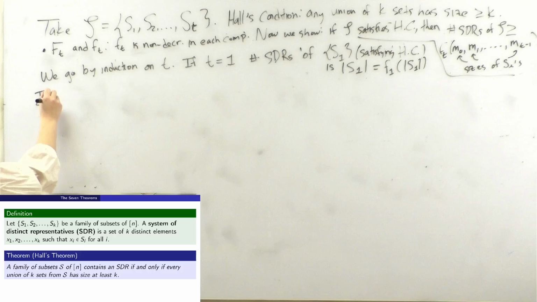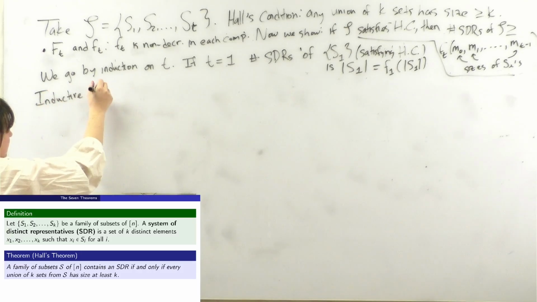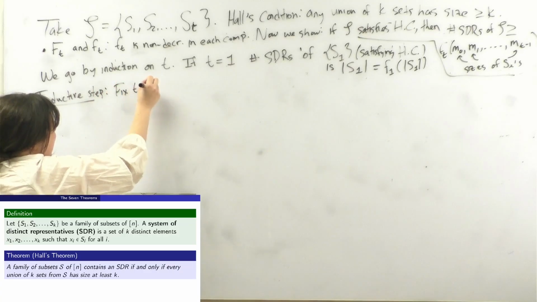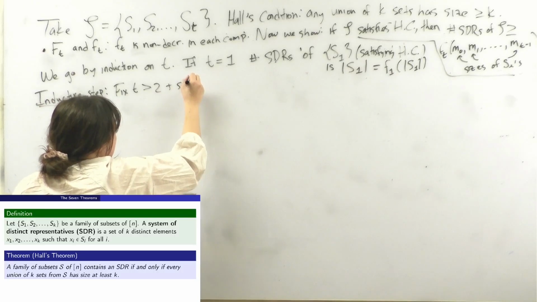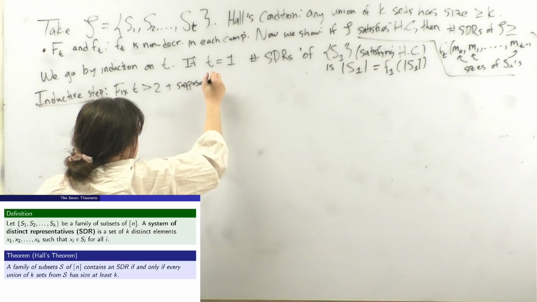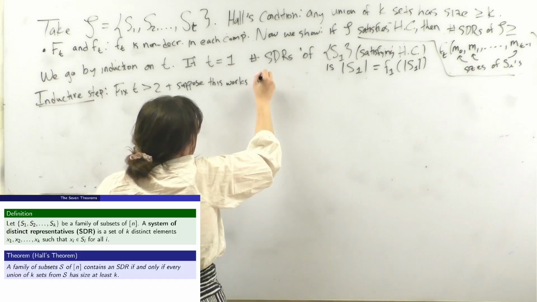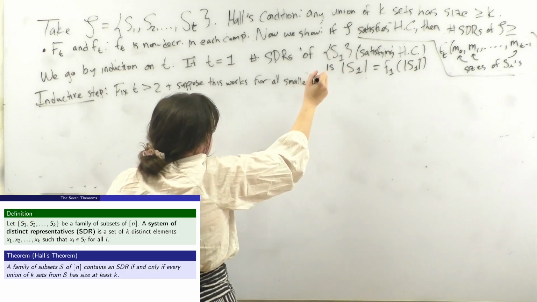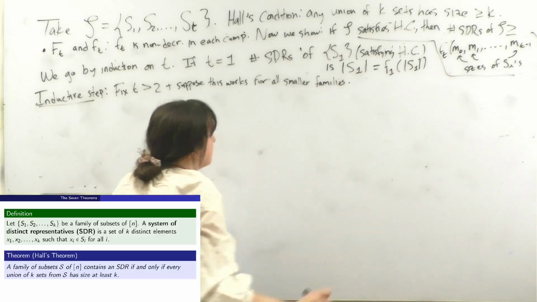For the inductive step, fix t at least 2, and suppose this works for all smaller families of sets.